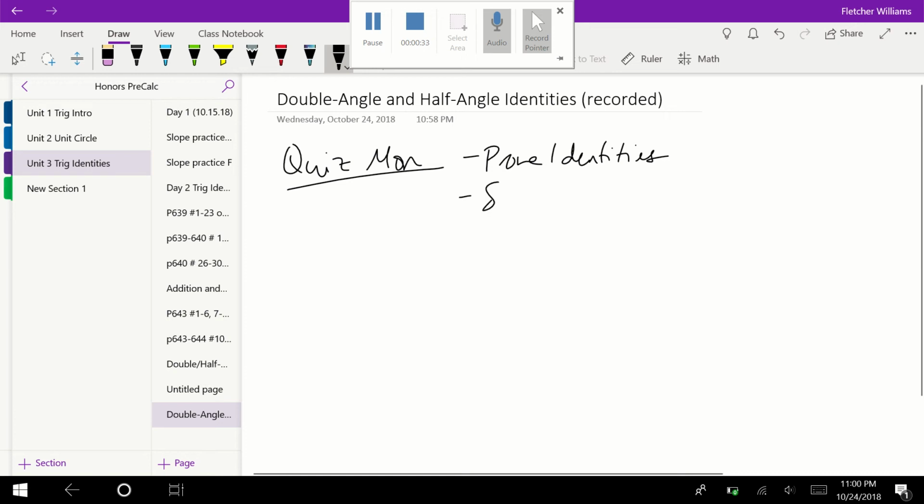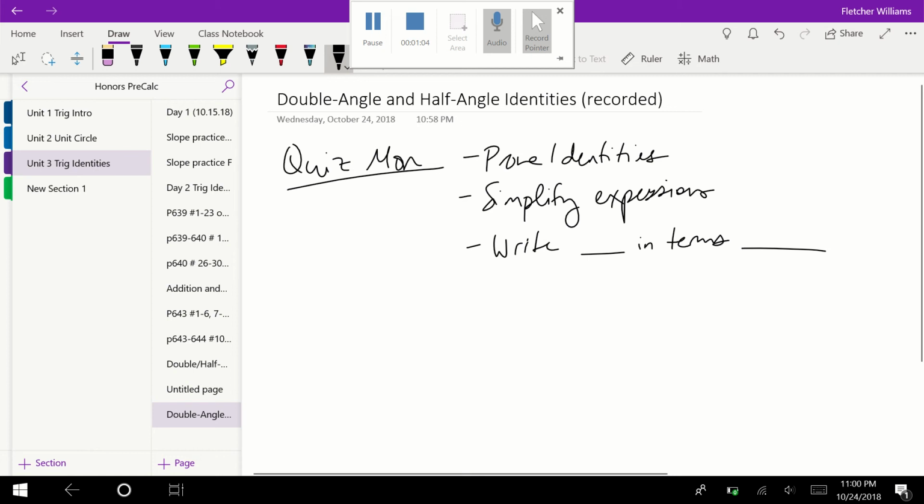You should be able to simplify expressions, so any of those trig expressions that we've done using your identities. You should be able to write one expression in terms of another. So if that's right tangent just in terms of sine, or secant just in terms of sine, or something like that.